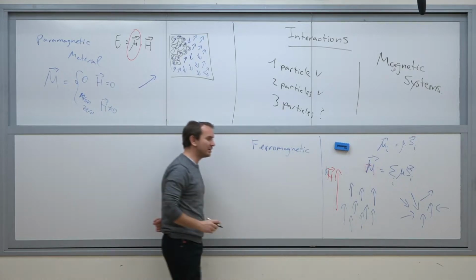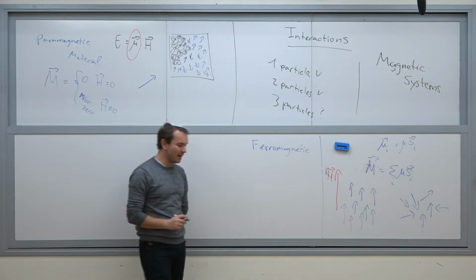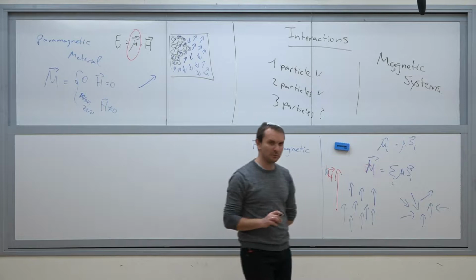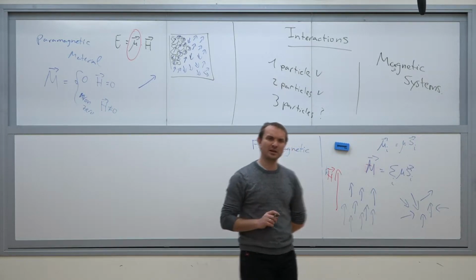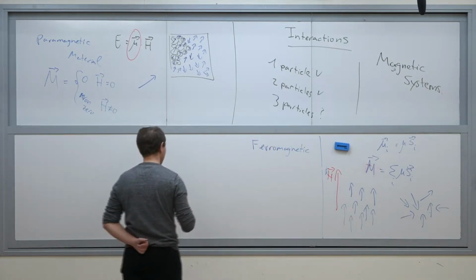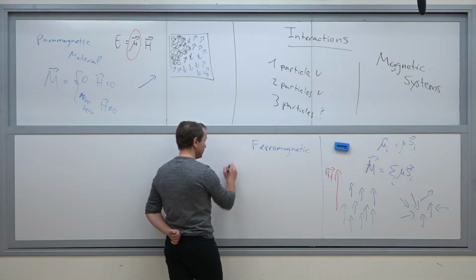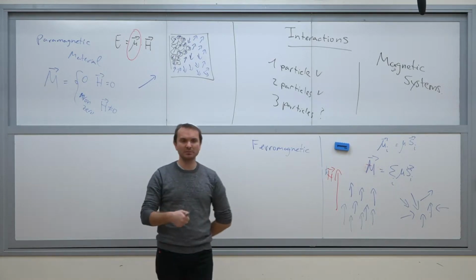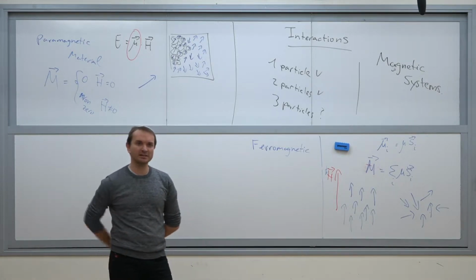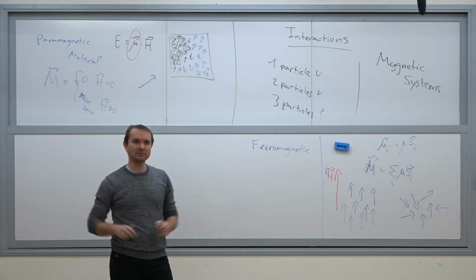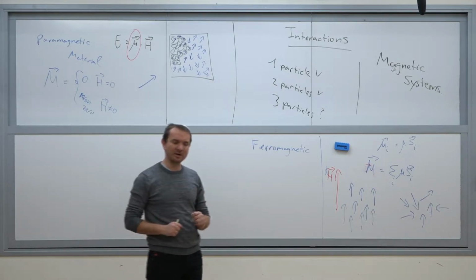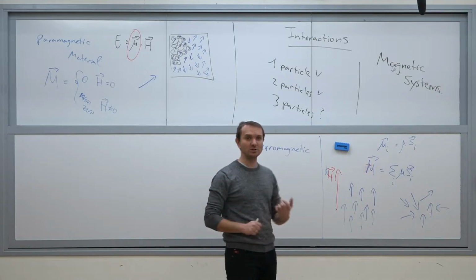and ferromagnetic materials actually perform something which looks a little unnatural to us. A ferromagnetic material is a macroscopic material that has a net magnetization which is not 0.